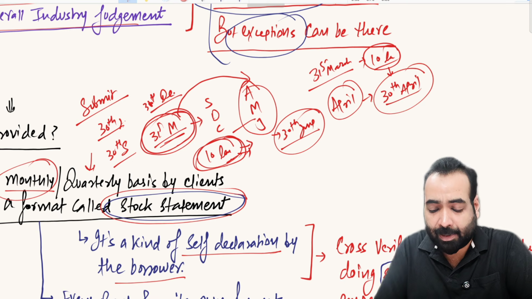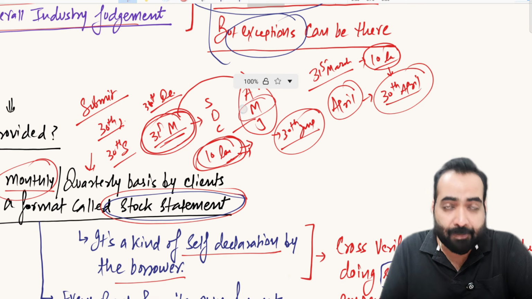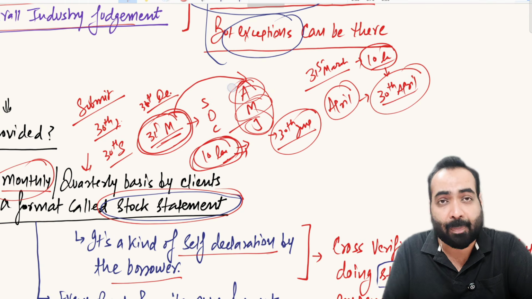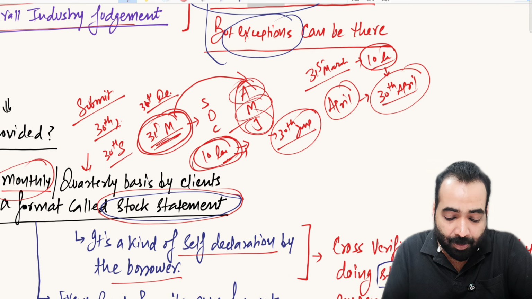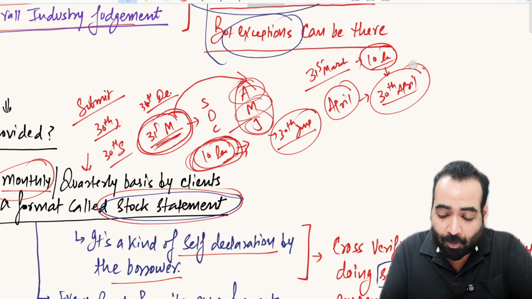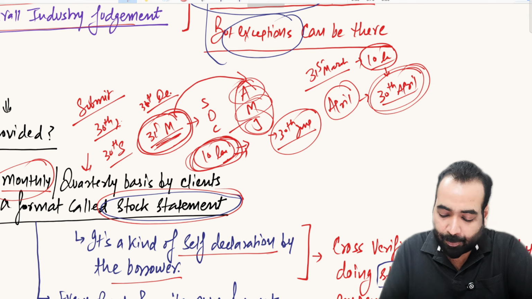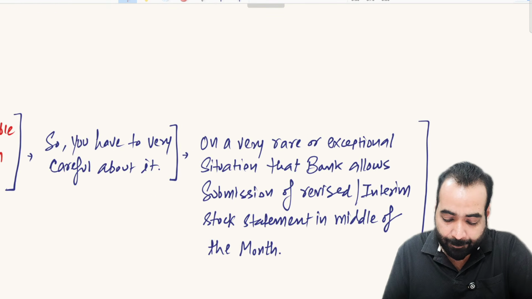And some of you might say, sir, this is not a good practice. He may need higher funds in May. Things may change in May or June or mid of April. So he may be needing higher funds. So if we fix the amount of 10 lakh rupees for the whole quarter or whole month, that somehow can hamper the client's business. So there is a provision to submit the revised stock statement as well.